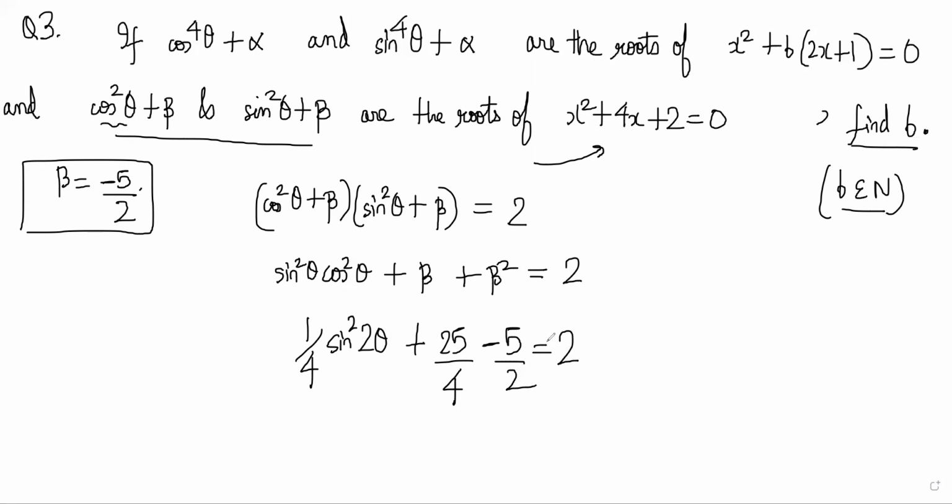This is 10 by 4, so 15 by 4. So 2 minus 15 by 4 is 8 minus 15, so minus 7 by 4.